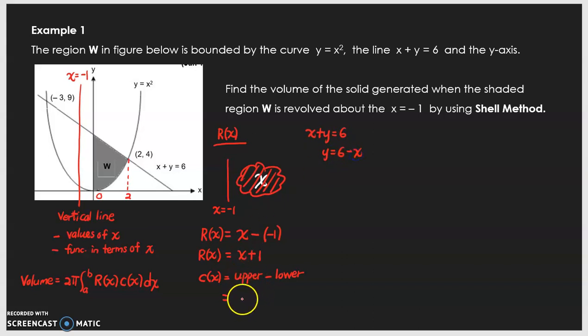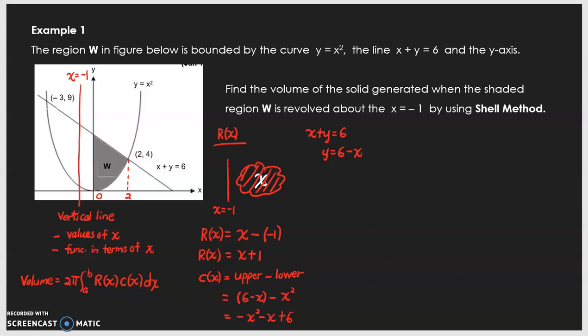So the upper function is 6 minus x minus the lower function. The lower function is the curve, which is x squared. So if I simplify this function, here we have negative x squared minus x plus 6. So this is the function of c(x).